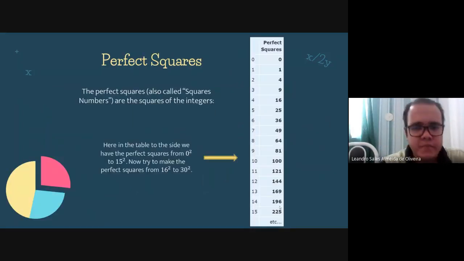Perfect squares. The perfect squares, also called square numbers, are the squares of the integers.